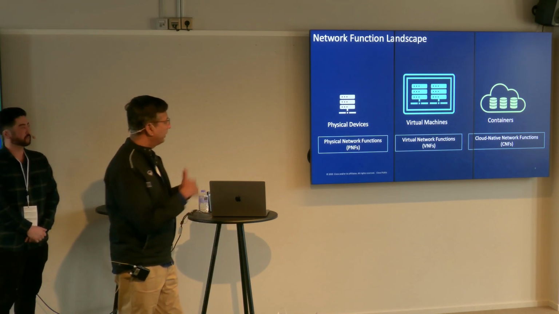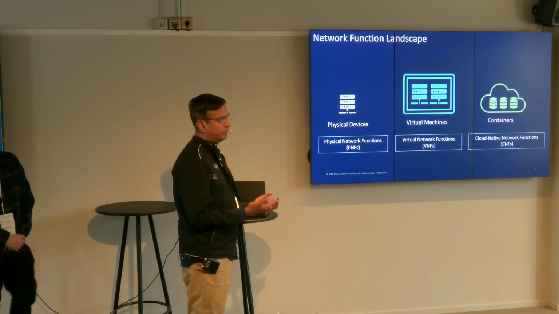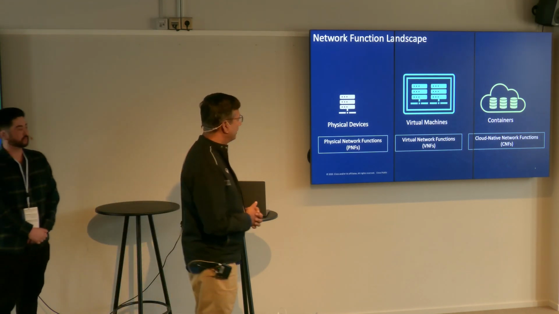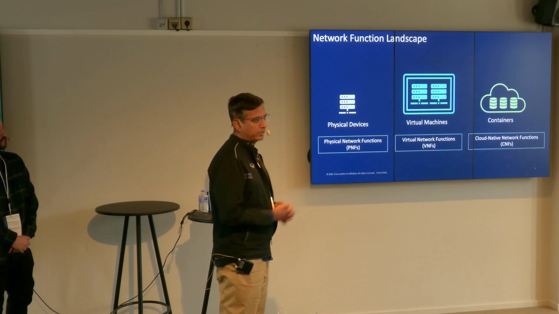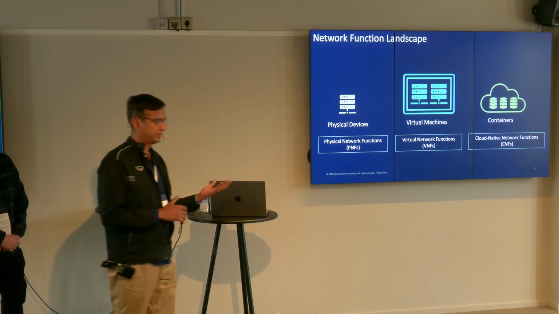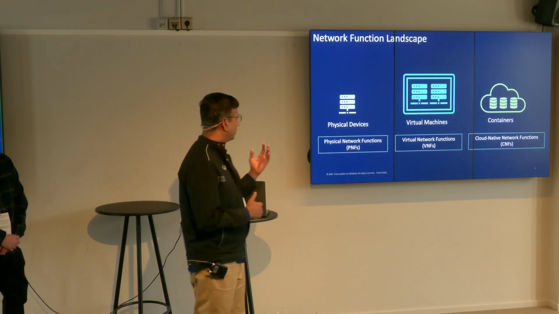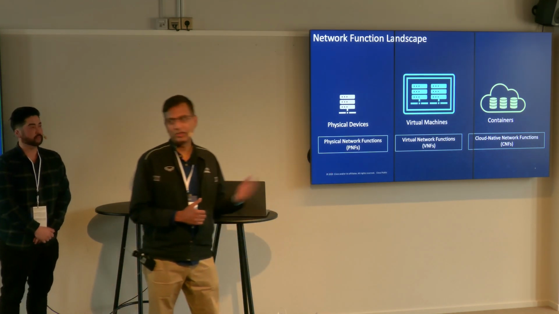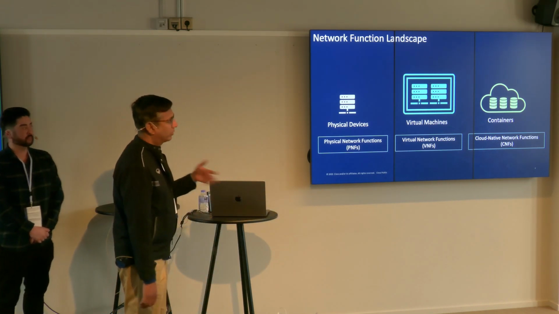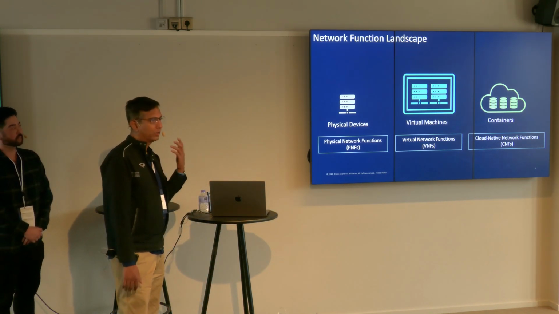And of late, we are also seeing the CNFs, especially with 5G. The concept of cloud native network functions is becoming very important. So customers are also looking at deploying their network as CNFs. But we don't think only one form will remain. We think all the three forms will coexist, and the automation and orchestration solution should address all the three.